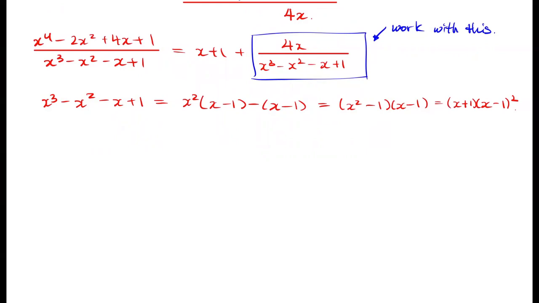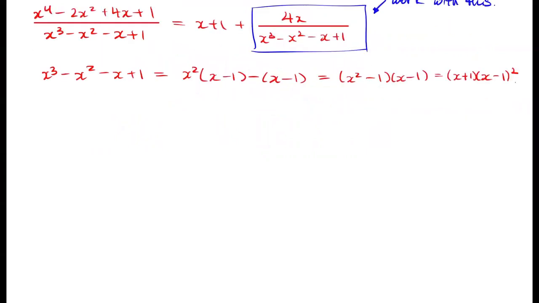All right. So now we would just have to write this rational function as follows. So we have 4x divided by the terms x plus 1, x minus 1 squared.